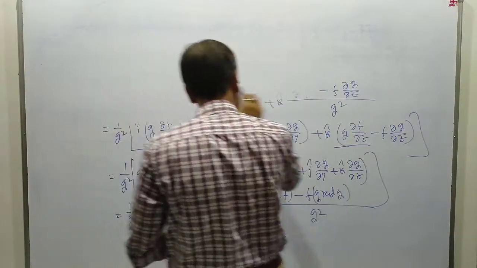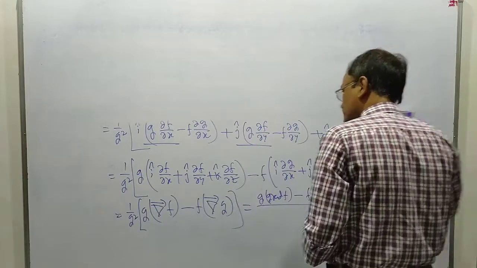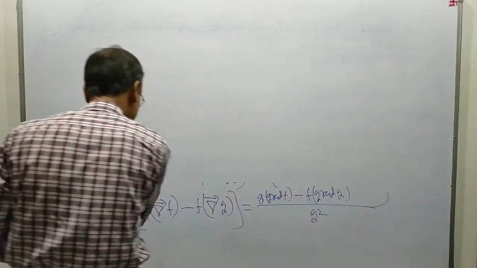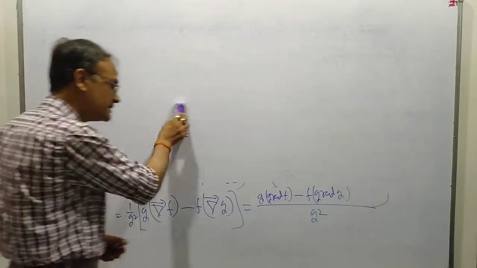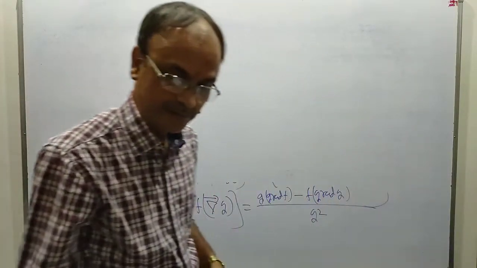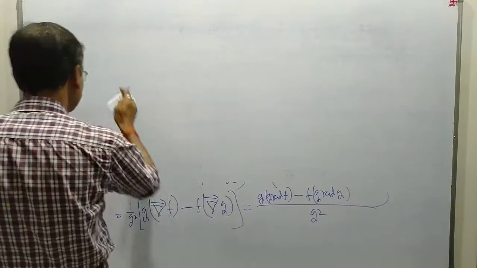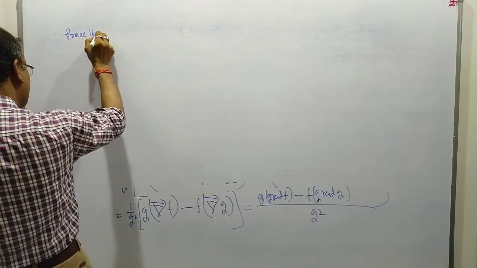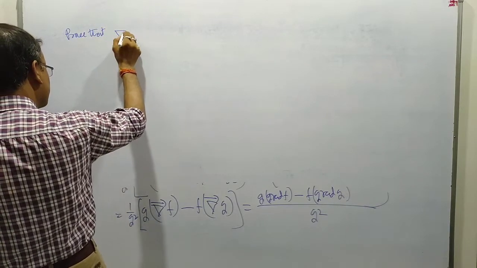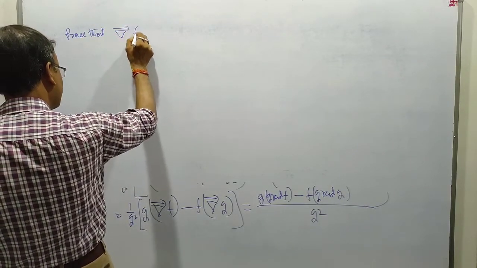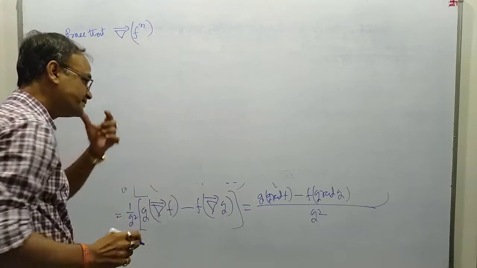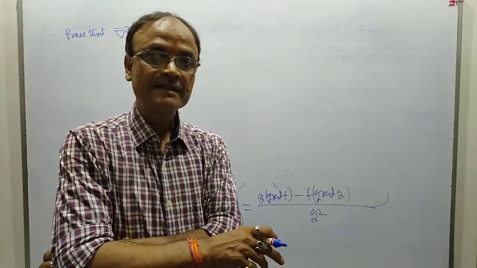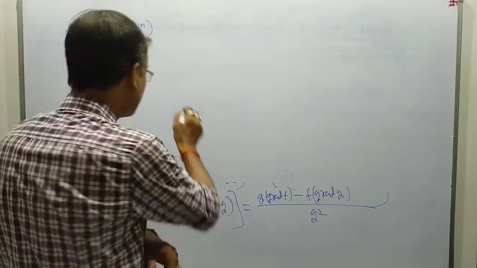Now, prove that the gradient of f to the power n is equal to n into f to the power n minus 1 into the gradient of f.